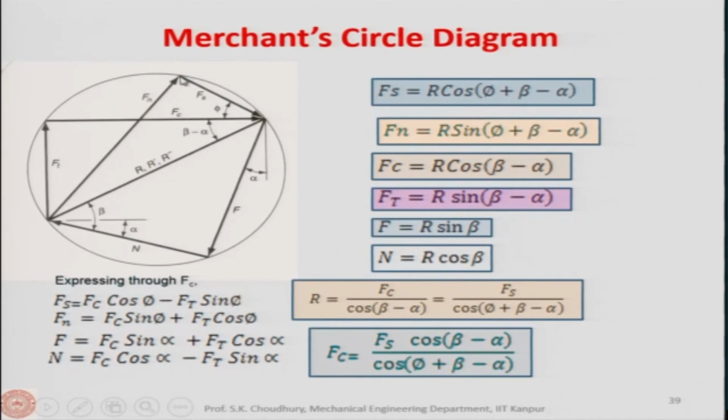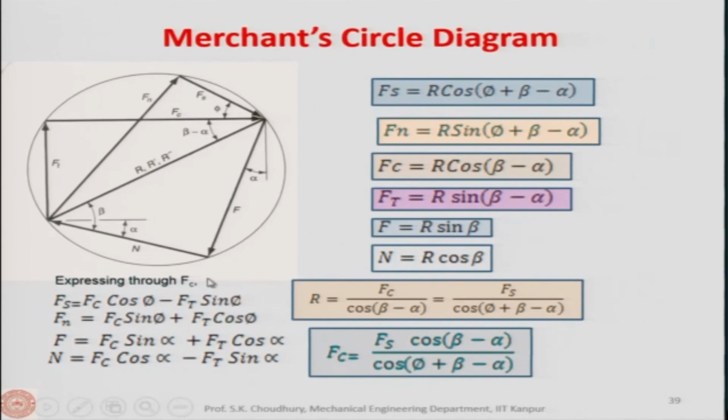Therefore, all the tips will be lying on the periphery of the circle. And as you know, this circle is called the Merchant's circle diagram, because this was invented, as I said, way back in 1944. And this is for the mechanics of metal cutting.